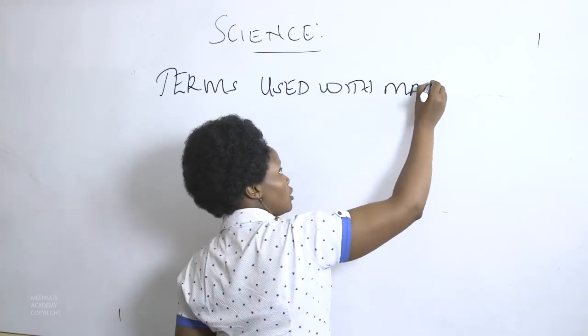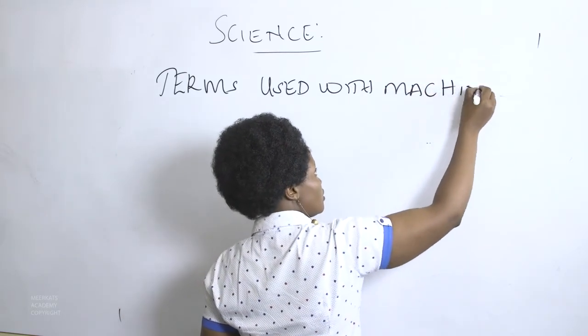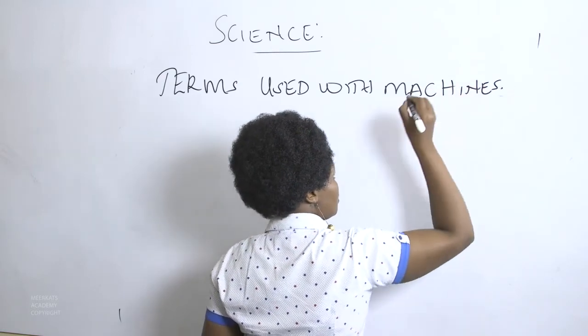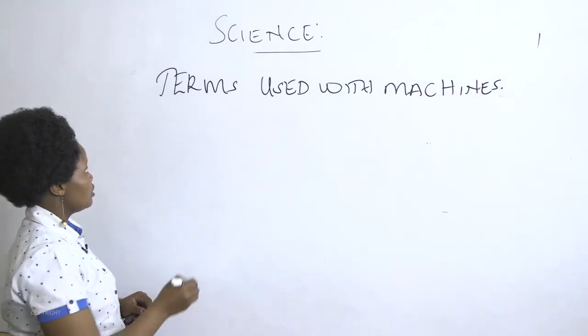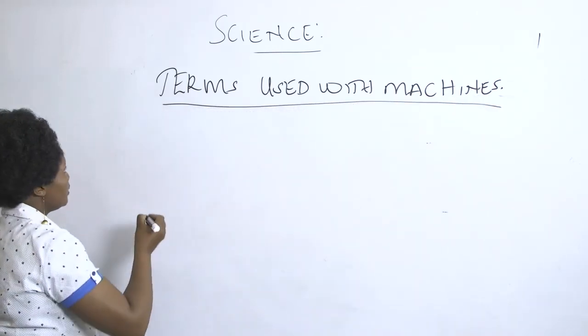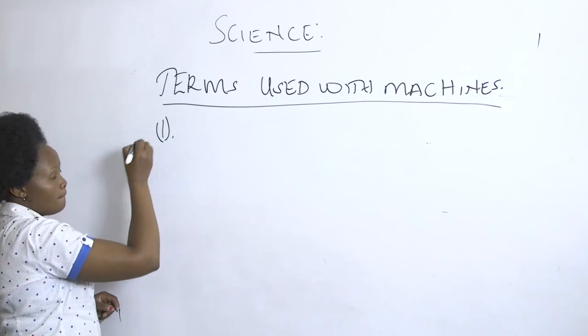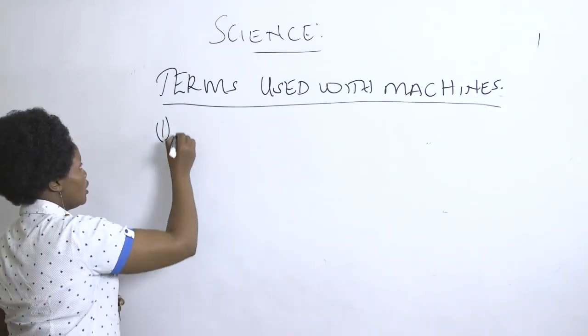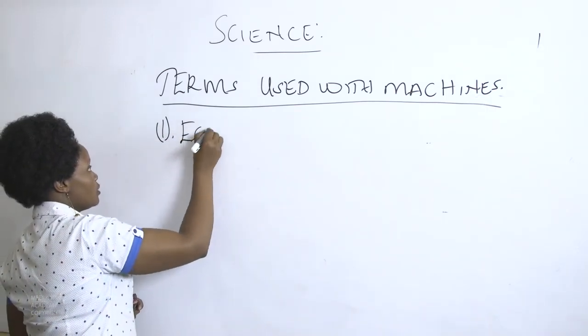Therefore, let us look at a few terms that we associate with machines. Number one is what we call the effort.